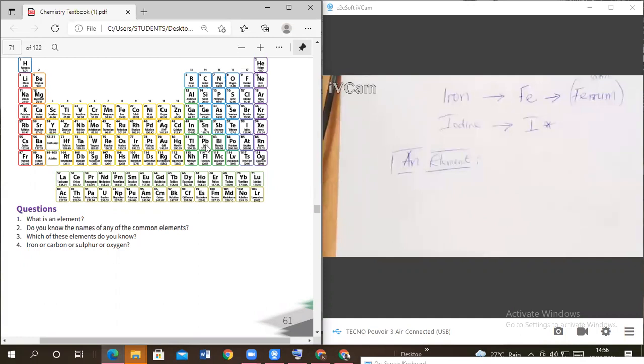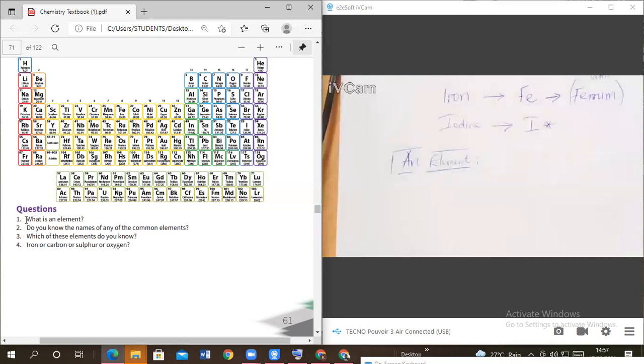Here we have lead, and AU is gold. Most of them are there. We shall also pick a few to add on these 20 elements, but the first 20 must be known by you yourself. Okay. Good.